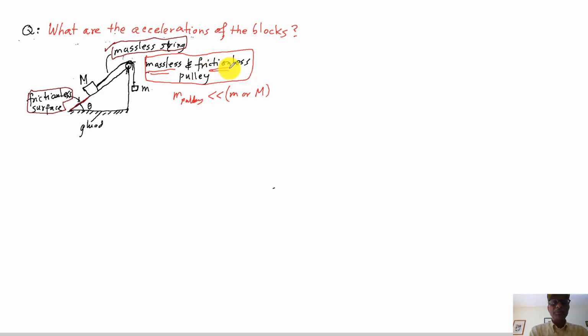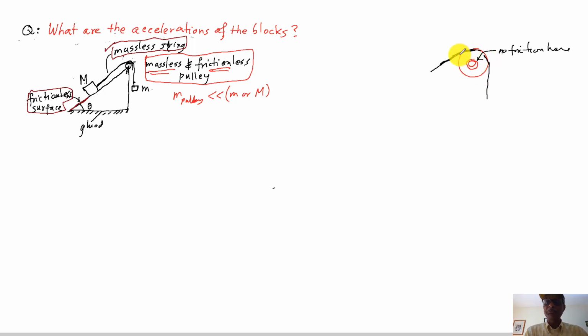The second condition is frictionless. If I blow up the pulley, the pulley has an axle about which it rotates. Frictionless means no friction here. When the string is going around, the string is actually not sliding on it.